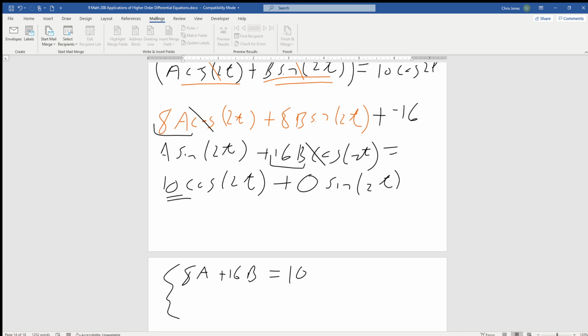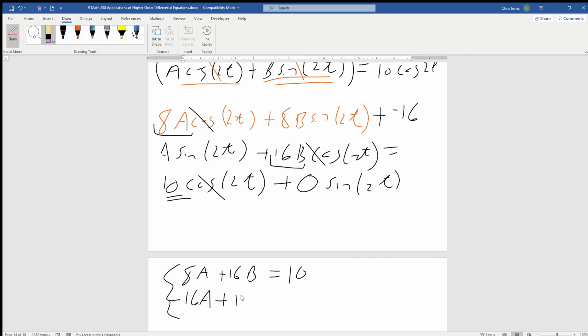Now we look at the coefficients of sine. That's negative 16a, and then also 8b, and that's going to be equal to 0.